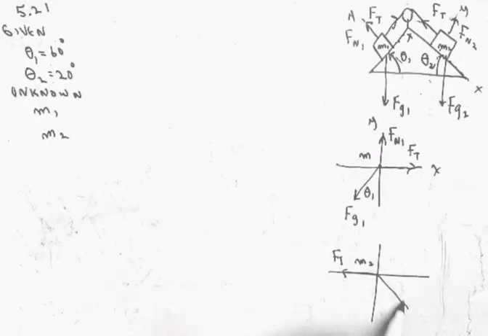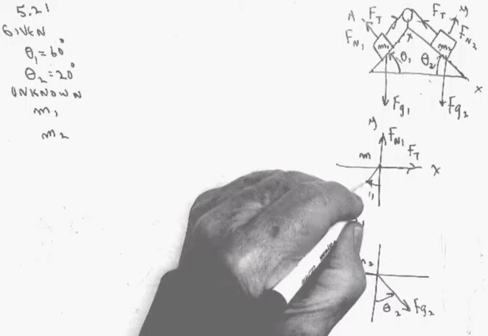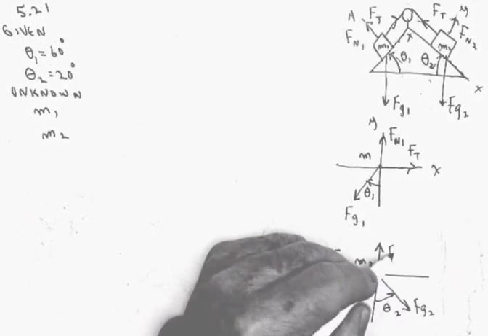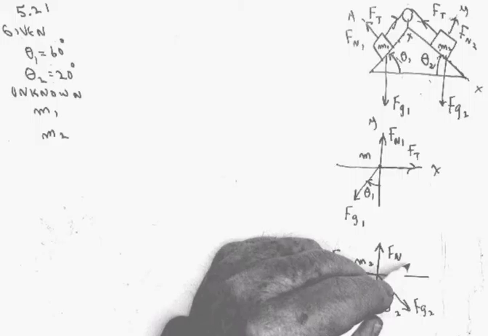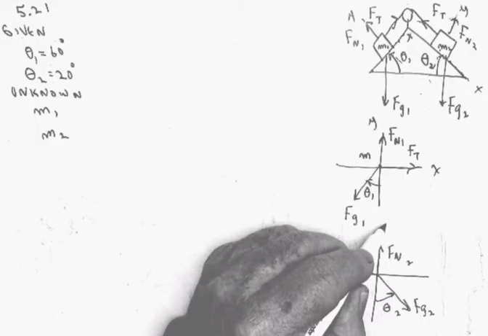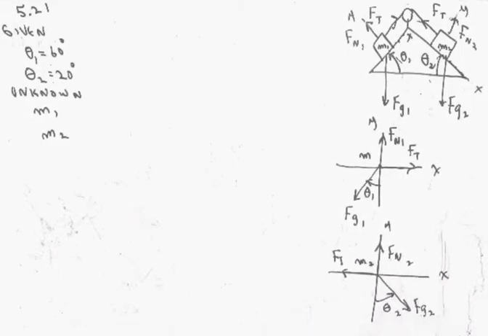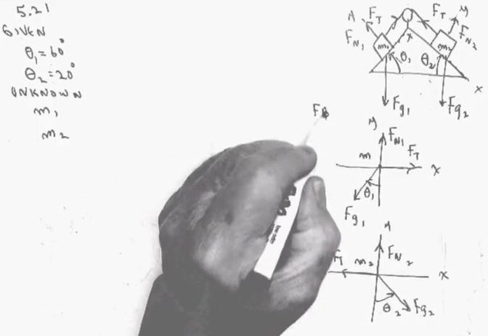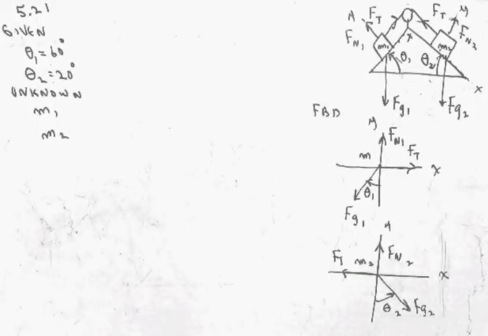And so here's how we'll draw Fg2 with its angle theta 2. Then we have the normal force on 2. And of course, this is the y-axis and this is the x-axis. So there are the two free body diagrams. We need one for both. We have two masses.